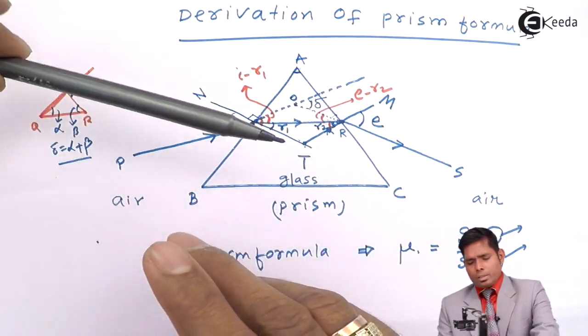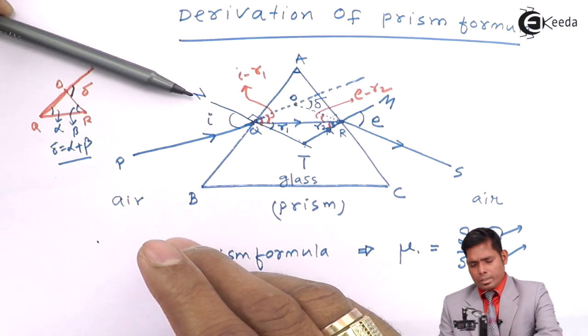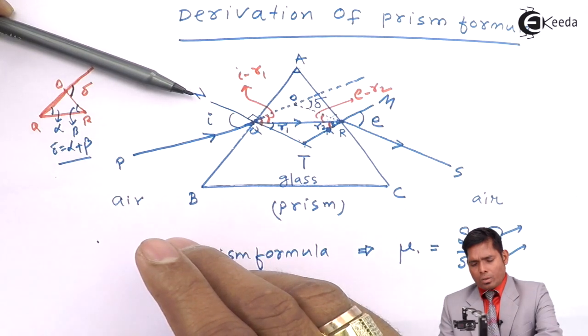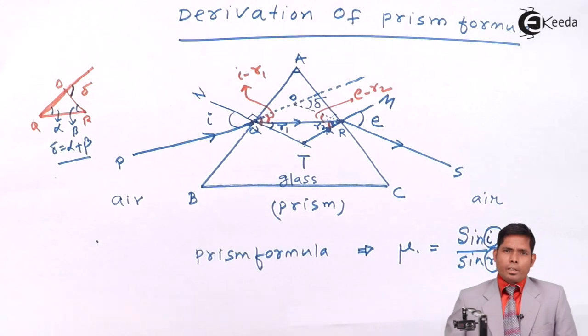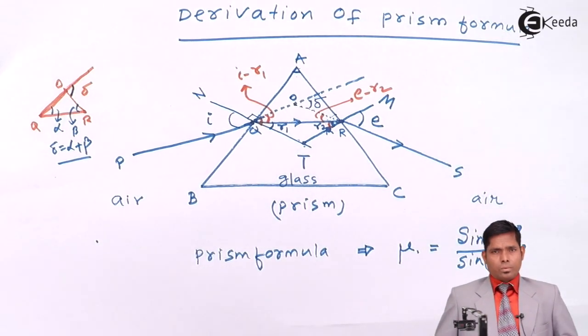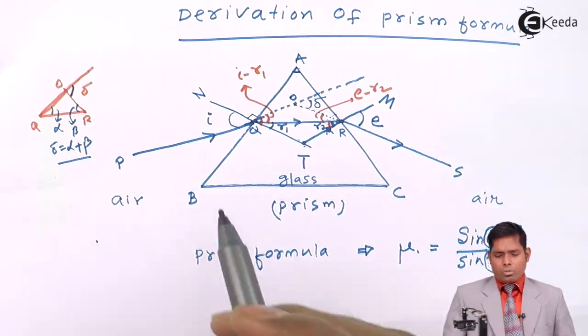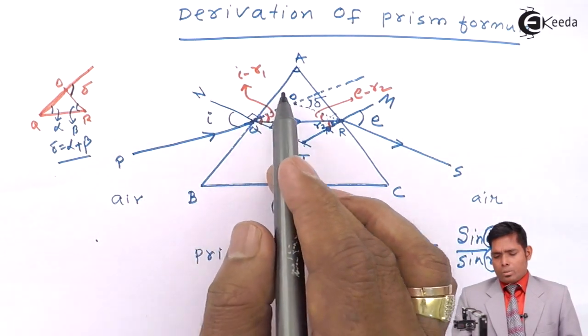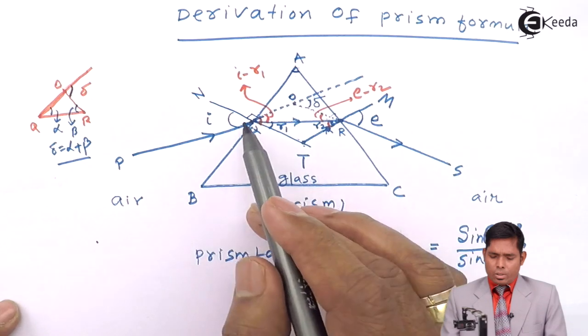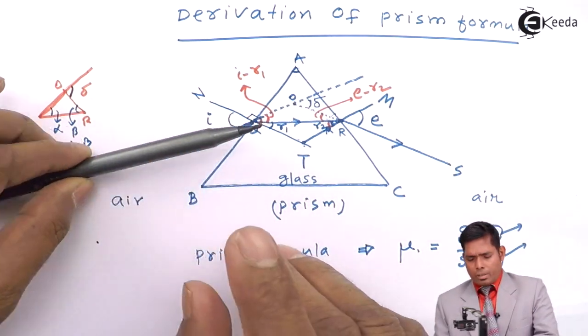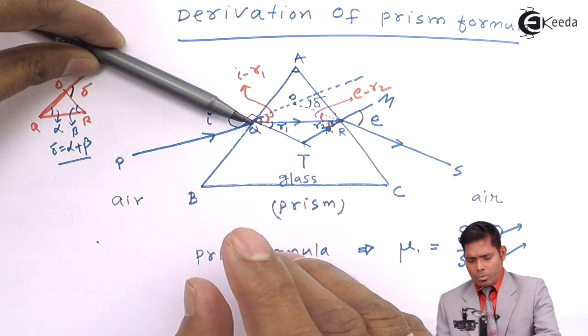If the ray strikes normally to the surface, that means it moves along the normal, then the angle of incidence is 0. This angle will be 0 because this line will be on this line NQ.